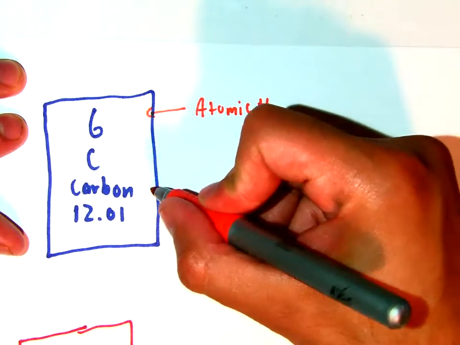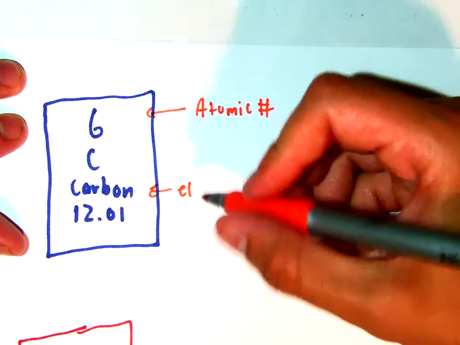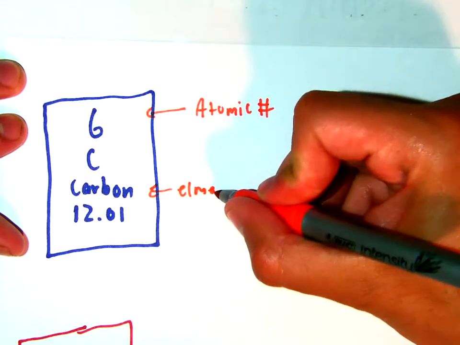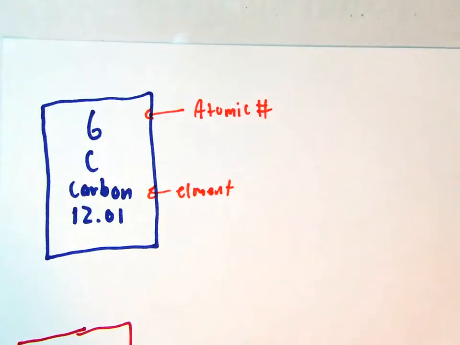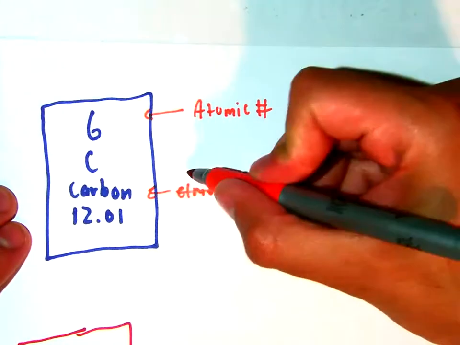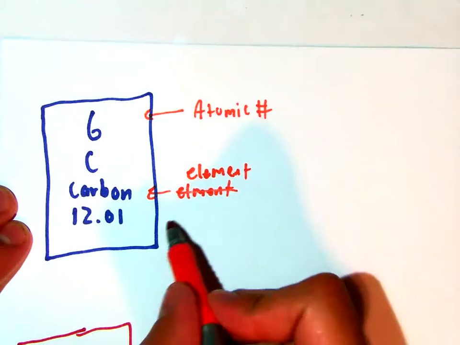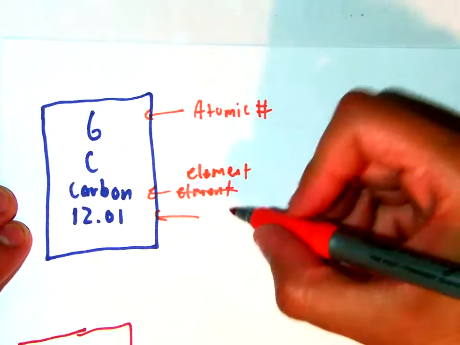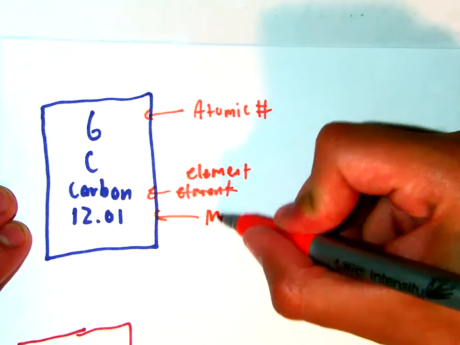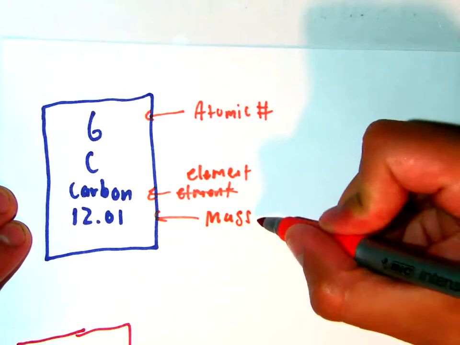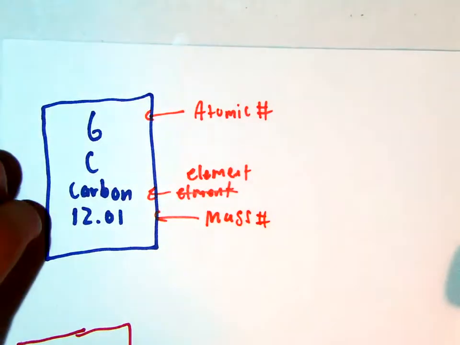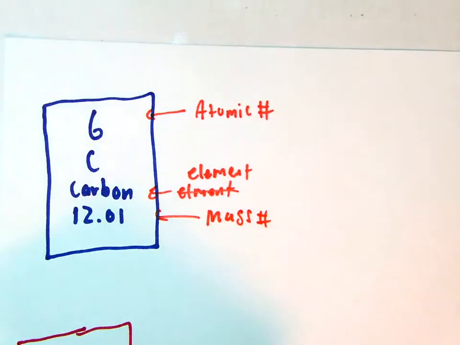That is my chemical element. Here this would be my mass number. This is my mass number. Alright, so that's just labeling.